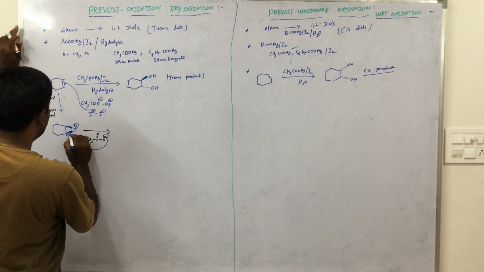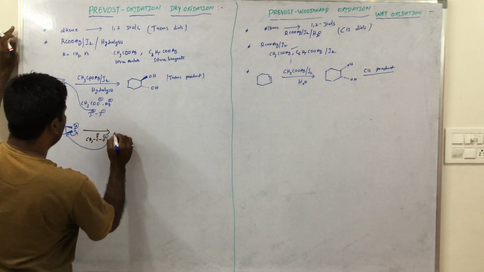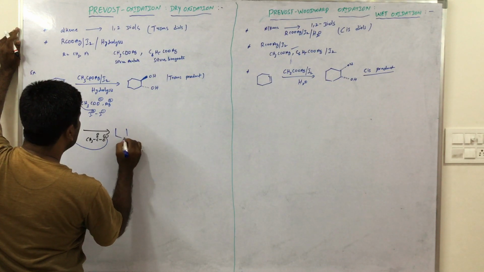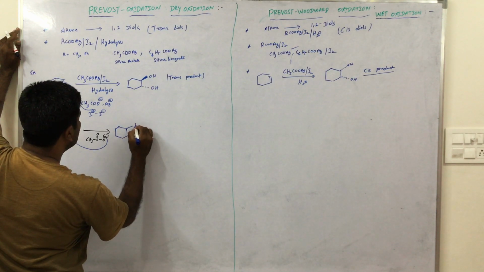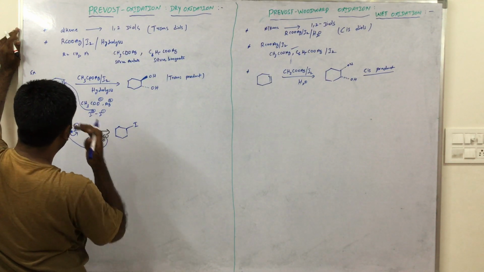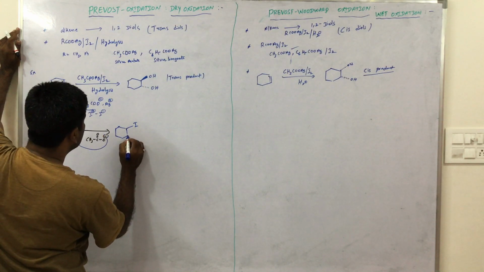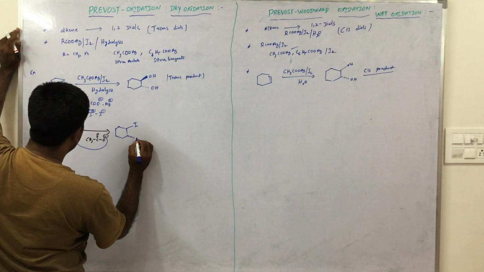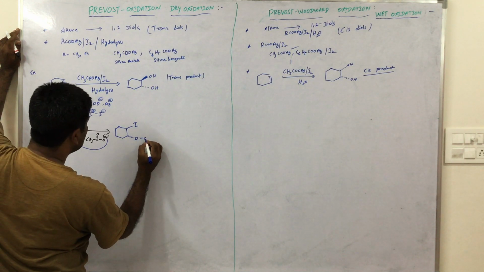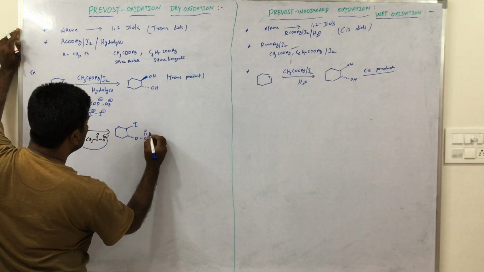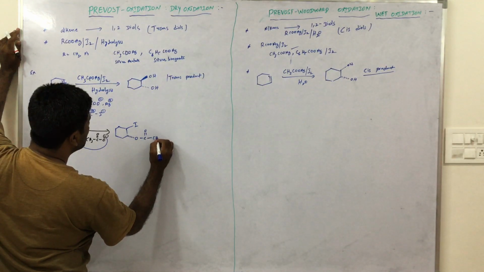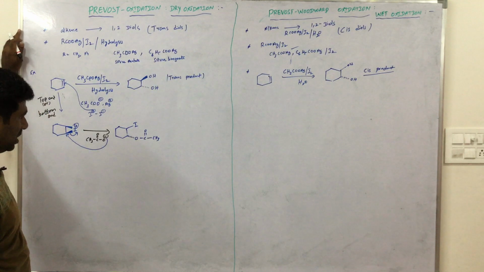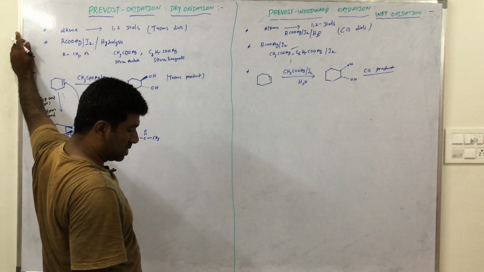Okay, what happened? This migrated. Now the product has iodine below the plane, with O, C double bond O, CH3.